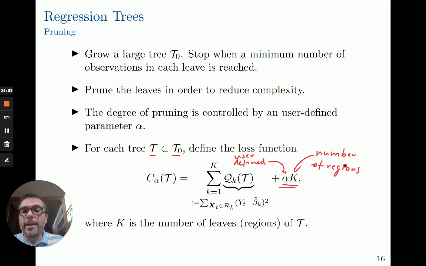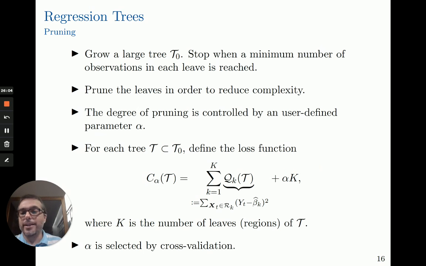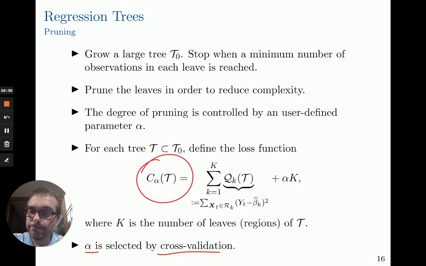We want to find the optimal tree which minimizes this cost function. How we select alpha is usually conducted by cross-validation. So we select the regularization term by cross-validation, and we find the best tree nested in the fully grown, very large tree that minimizes the cost function C alpha T.